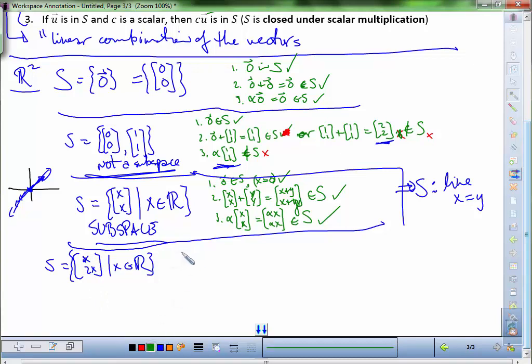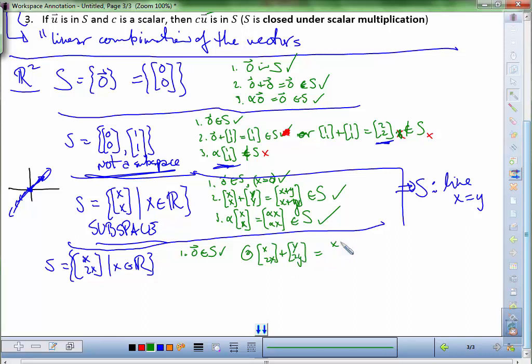Well, let's check. Is 0 in this set? When x is equal to 0, this works. x and 2x. What if we added another vector y and 2y?